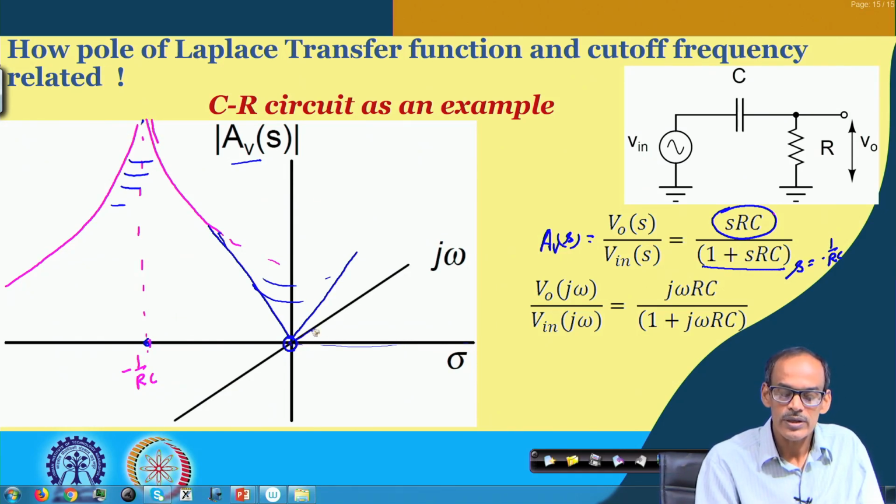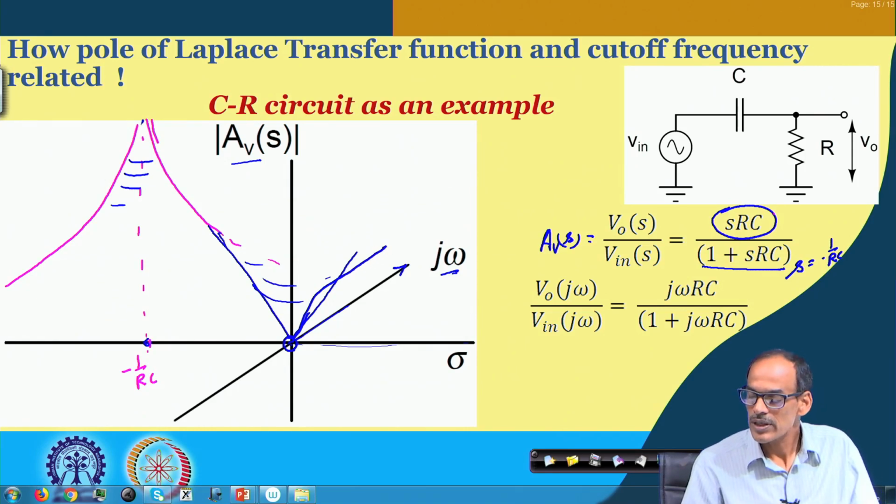But if you consider the other direction, maybe along the j omega axis also, what kind of profile will we be seeing here? It will be going up here, and then it will get saturated like this.